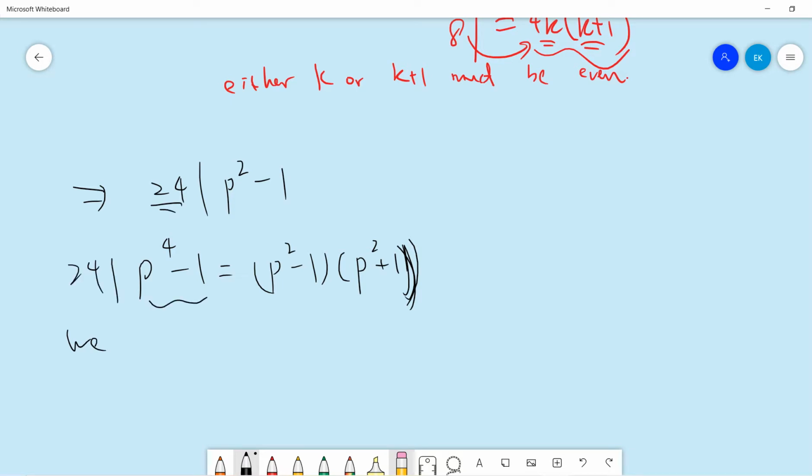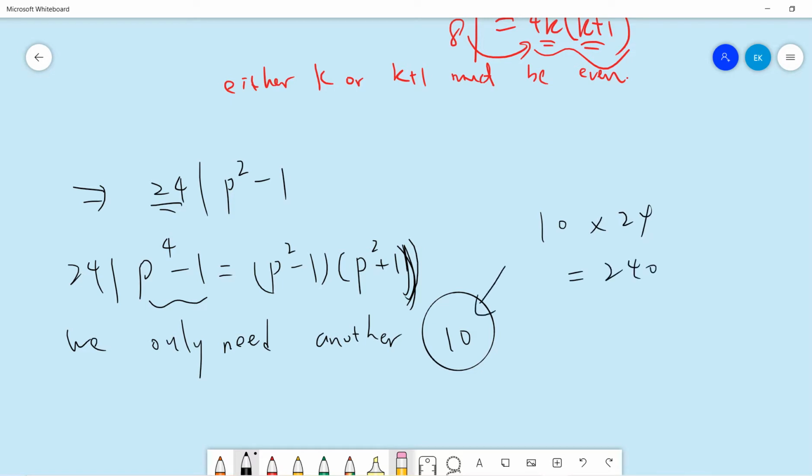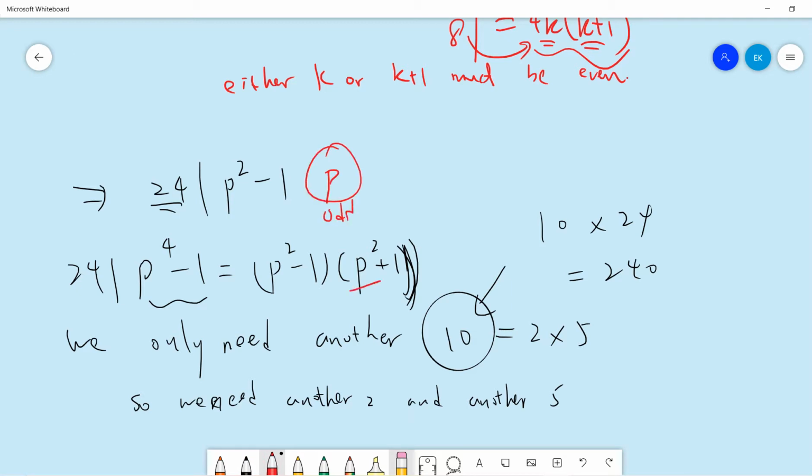We only need another 10, because 10 times 24 is 240. So we just missed that 10, which is 2 times 5. So we need another 2 and another 5. Remember that P is odd, so P squared plus 1 must be even. So we already have the 2. The key is that we need to find the 5.